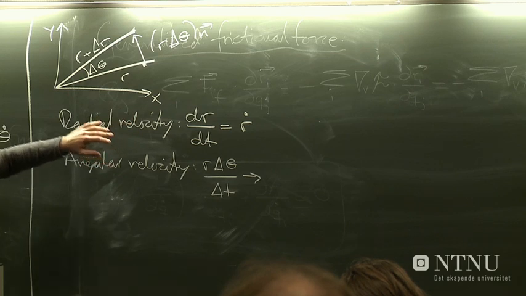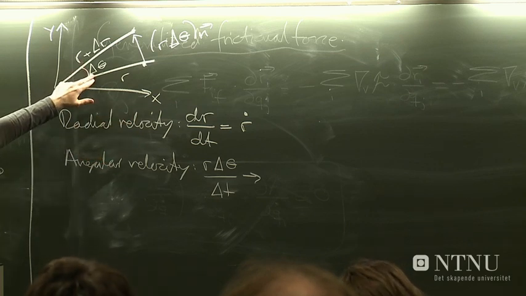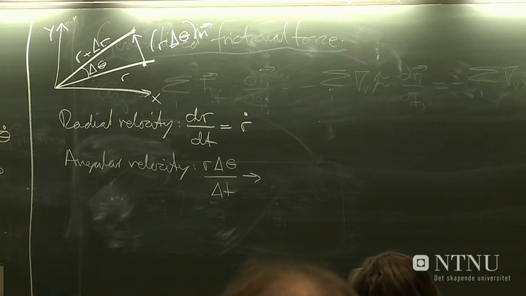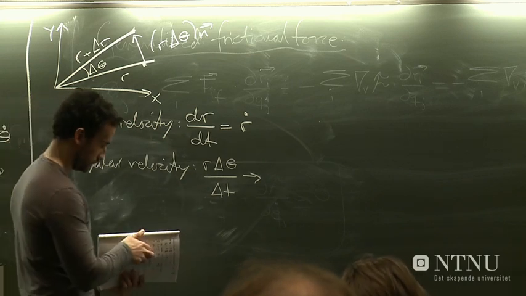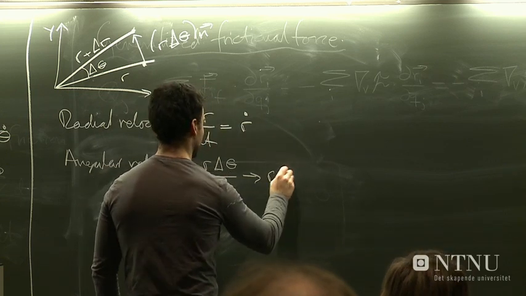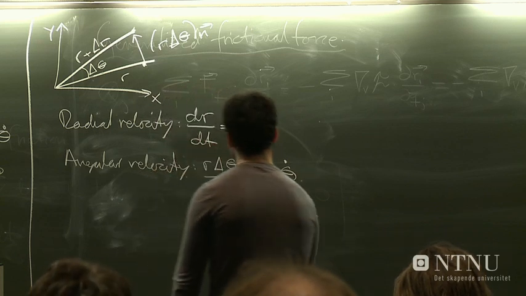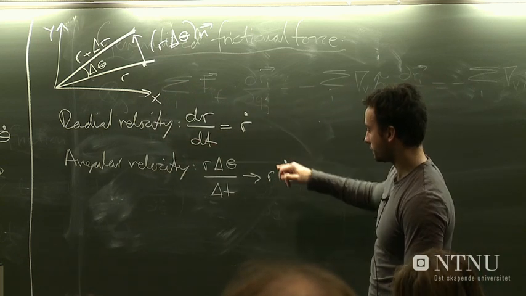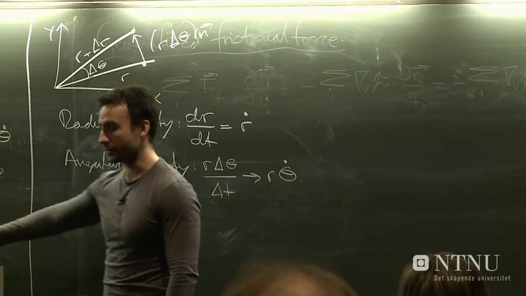So we would have to consider the limit where delta theta and delta t go to 0 to find the instantaneous angular velocity. So we'll get this and just square these 2 terms, and you'll find them here.